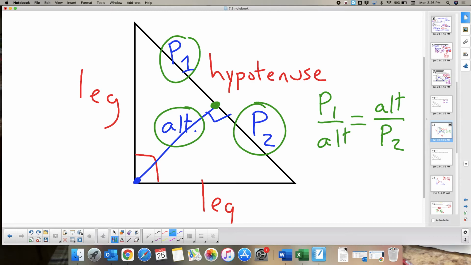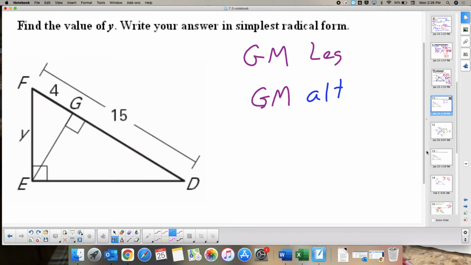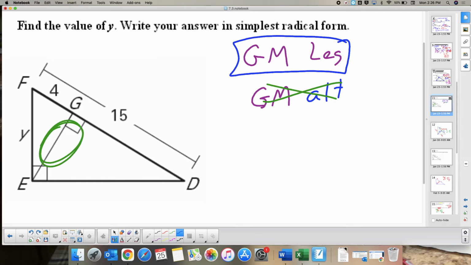So if I look at the example we have, is there anything written here on our altitude to use? No, there is not. So we're not going to use our geometric mean of an altitude. However, there is also a geometric mean of a leg. The way that works, since it is called the geometric mean of a leg, the leg will go in twice.